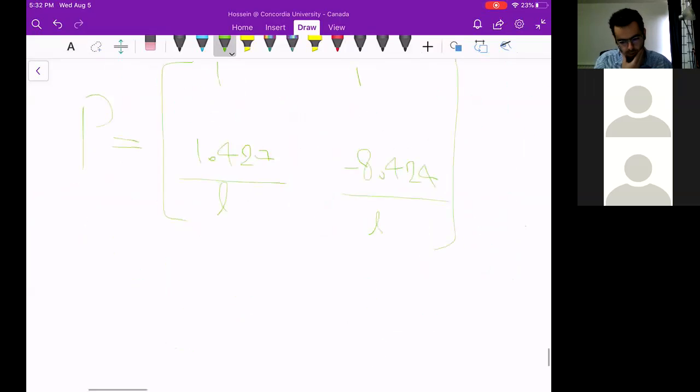So the proof of how we decouple is in the book.